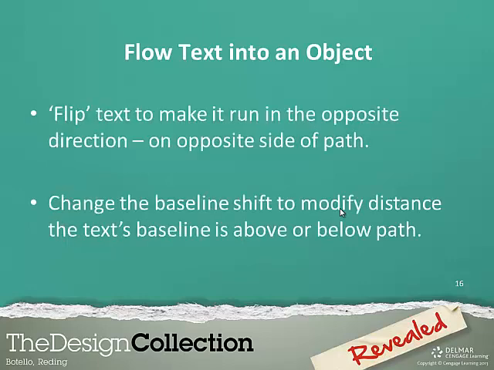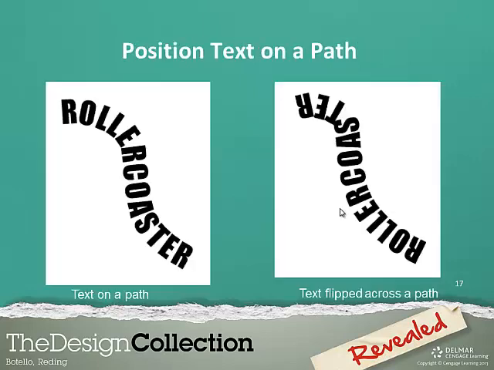You can flip text to make it run in the opposite direction on the opposite side of the path. You can change the baseline shift to modify the distance the text baseline is above or below your path. And then here it shows text on a curved path there, and then it flipped to the opposite side of the path.